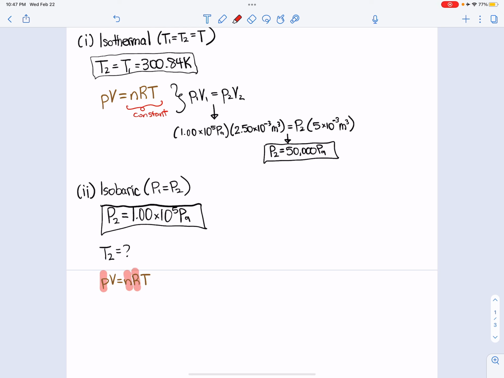Pressure, the moles, and the constant R. So as a result of that, for an isobaric process, V over T, the initial volume over initial temperature, is equal to the final volume over the final temperature. Okay? Right? Because I'll just show why that is. Because V over T is equal to the constant nR over P. And these are all constant. See? Constant, constant, constant. Okay?